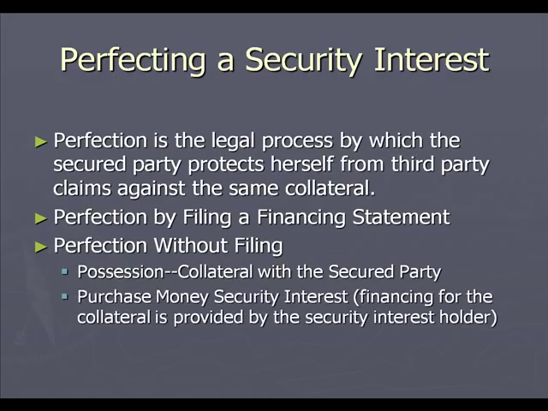The next kind of perfection that can happen without filing is called a purchase money security interest. Sometimes we just reference the acronym PMSI. This is where the creditor is the one who loaned the money to buy the collateral. So these kinds of transactions are really common.